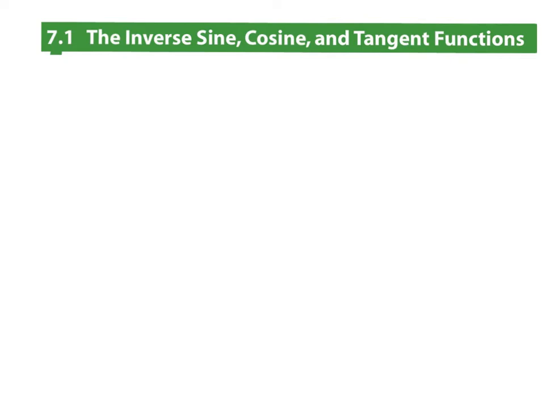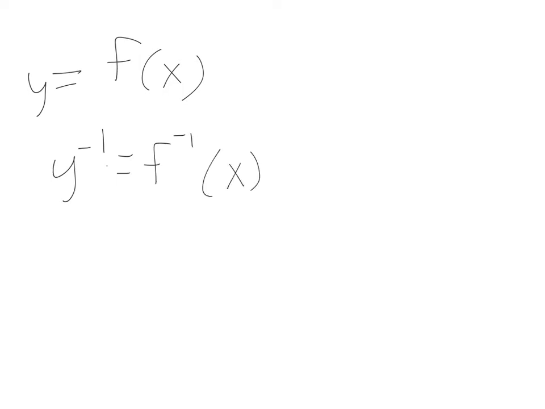In this video we're going to go over the inverse sine, cosine, and tangent functions. Remember, for any function f of x, the inverse function we denote with a -1. That does not mean the reciprocal.